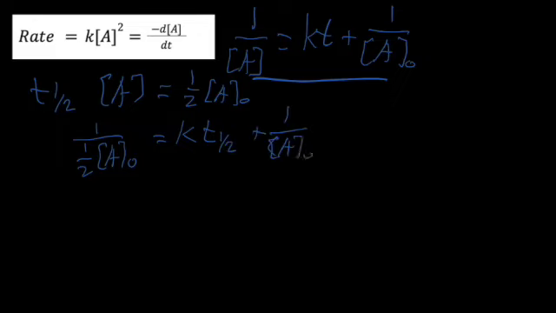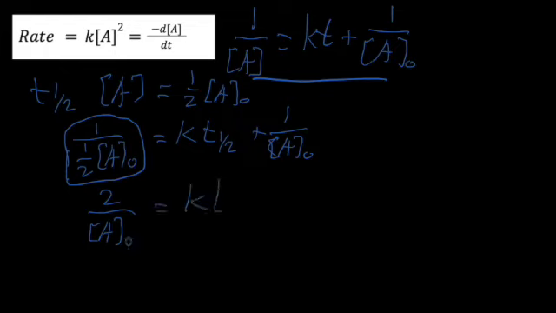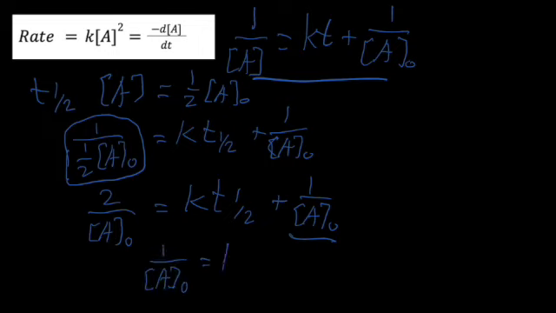And so this is 1 over 1/2, so that's just 2 over concentration of A naught equals KT1/2 plus 1 over concentration of A naught. So if we subtract this from both sides, we see that 1 over the concentration of A naught equals KT1/2.